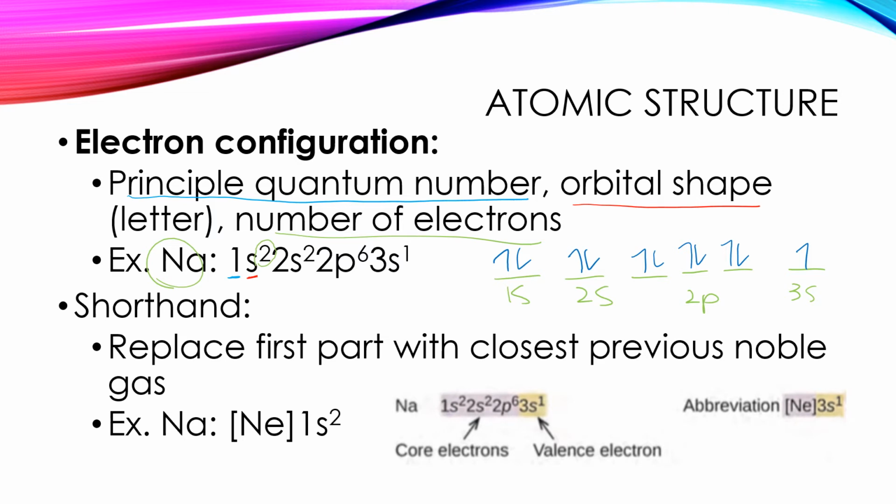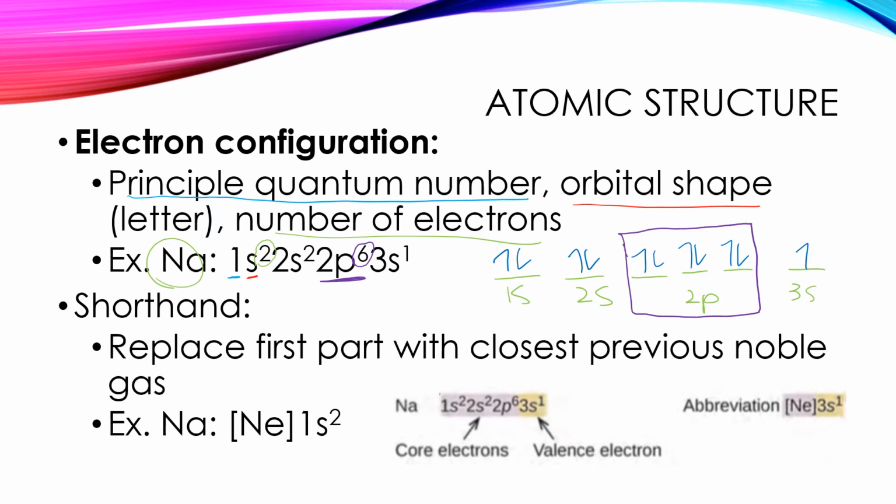But notice, for an orbital diagram, each of the 6 electrons that are in the p orbital are in their actual individual orbitals. Whereas for electron configuration, we just say that there are 6 electrons in the 2p sublevel. We don't actually get specifically into the 3 different p orbitals.